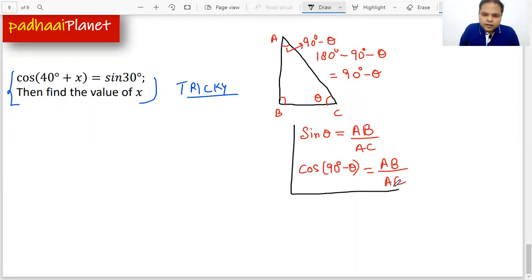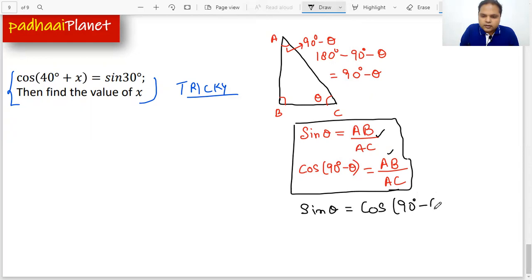then we'll find out that since the right hand sides of these two expressions are equal, we can clearly say that sine theta is always equal to cos(90 degree minus theta), correct?